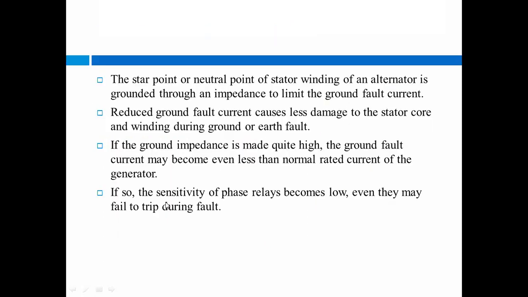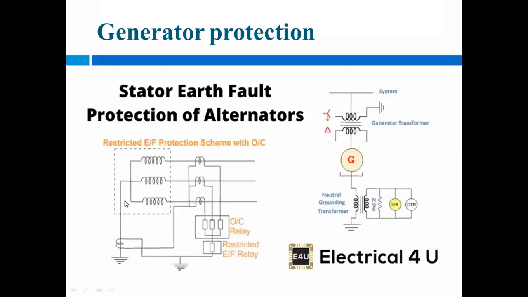Here the star point or neutral point of the stator winding of an alternator is grounded through an impedance to limit the ground fault current. We are connecting this star point, the neutral point of our stator winding, which is grounded through an impedance having a lower value, to limit the ground fault current.